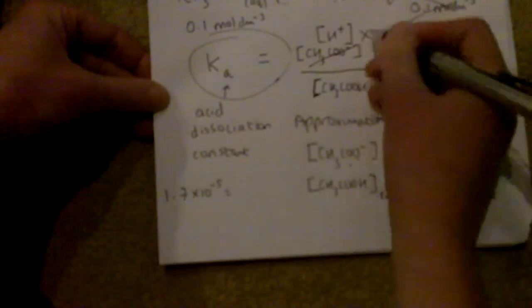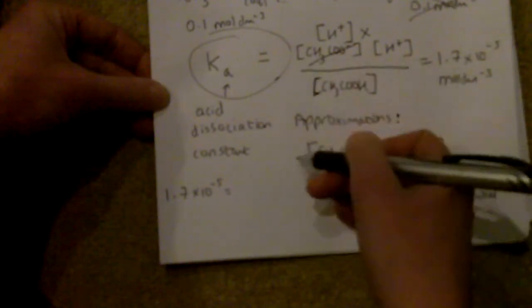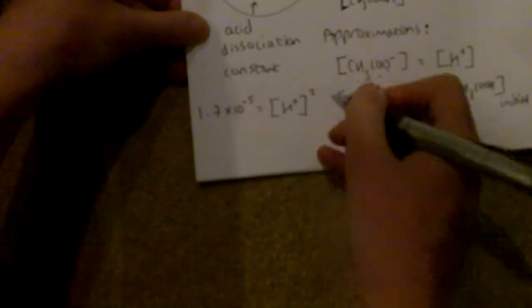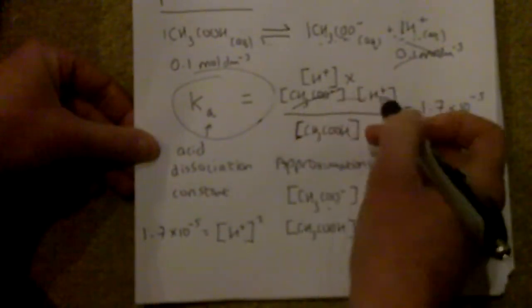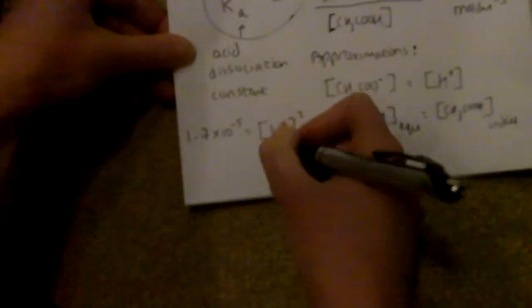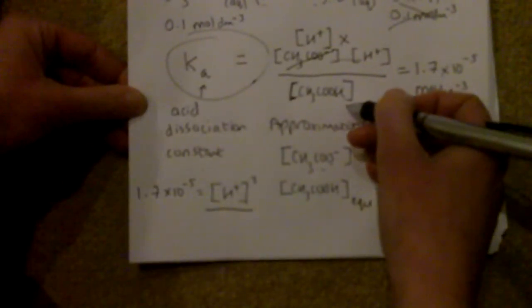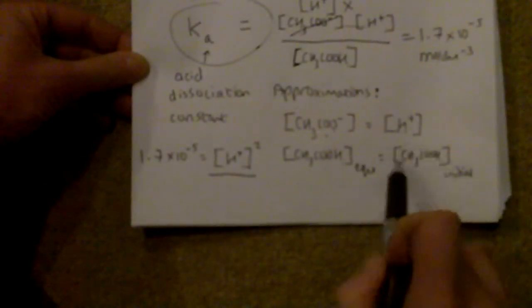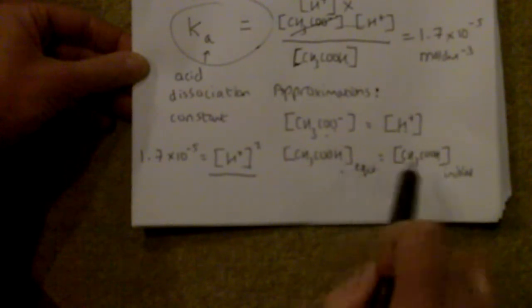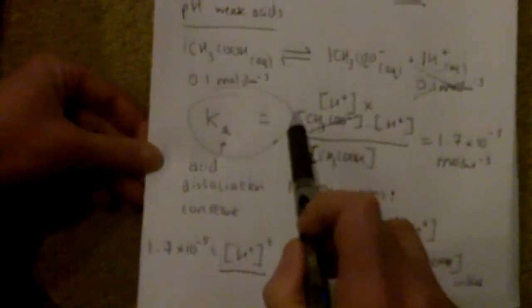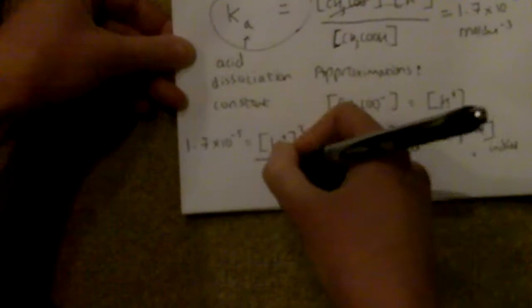So we've got H+ times H+, which is H+ squared, and then we divide it by the concentration of the acid. We're saying that the concentration of the acid is the same at equilibrium as it was initially, and our initial concentration is 0.1.